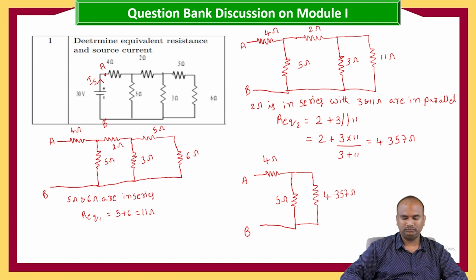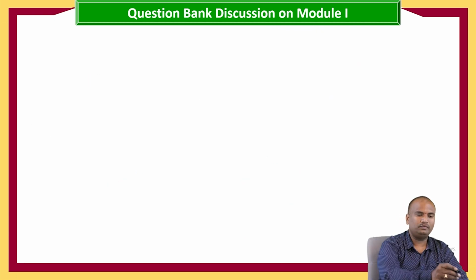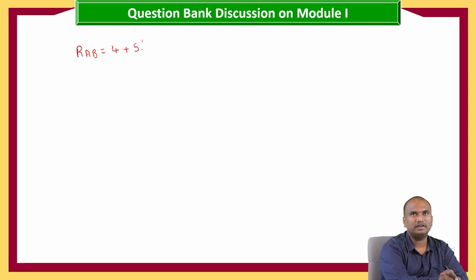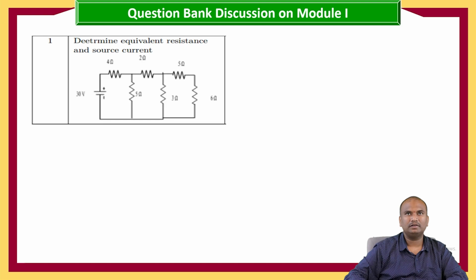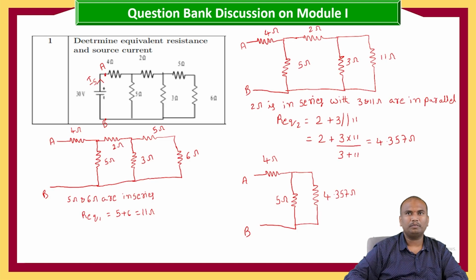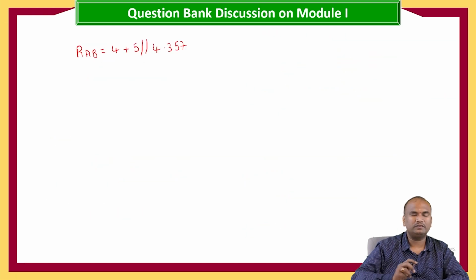So RAB is equal to 4 plus 5 in parallel with 4.357 ohms.